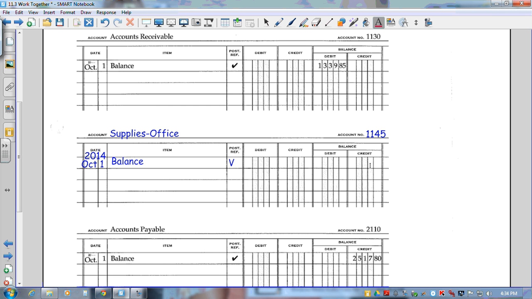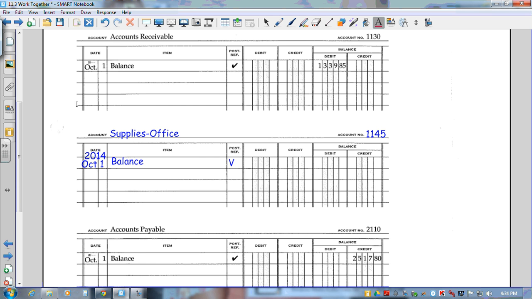And the balance it says that we had to begin with was for $3,824. Now this time we have a debit and a credit balance column. So am I going to have a debit or a credit balance? The book does not tell us. So I'm going to think back. Okay, supplies is what kind of an account? It's an asset. An asset, does it have a normal debit balance or a normal credit balance?